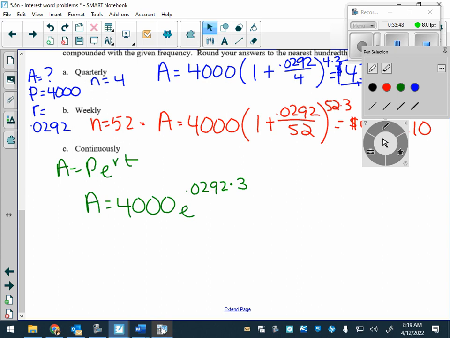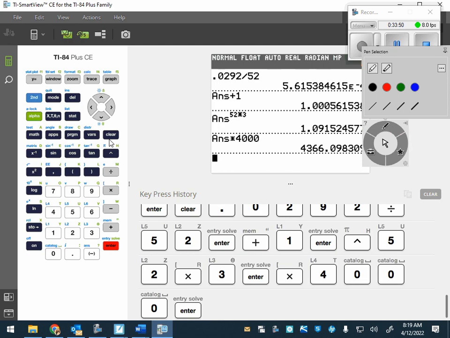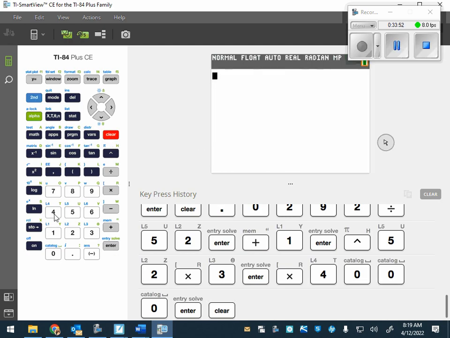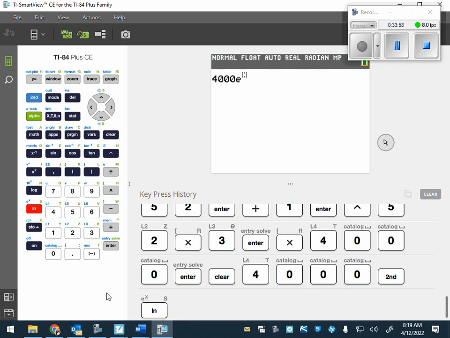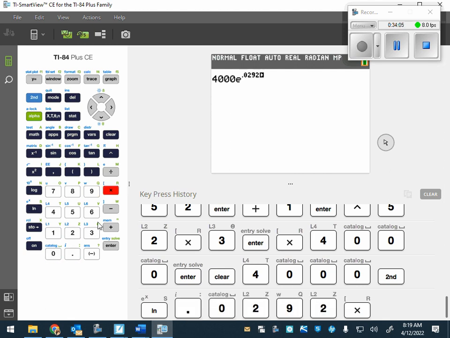Okay, so in your calculators, you have 4,000, second ln, gives you the e in the exponent as well, 0.0292 times 3.